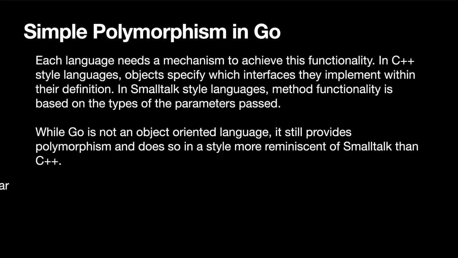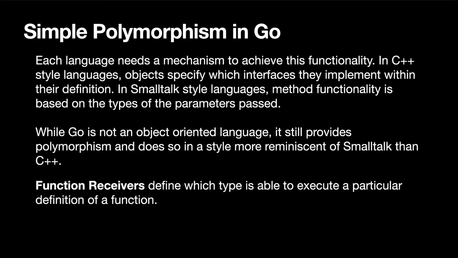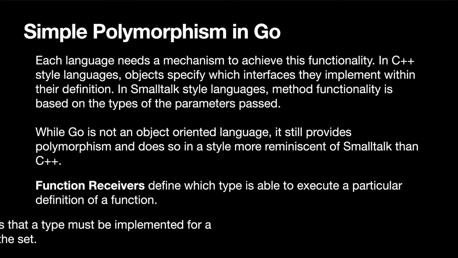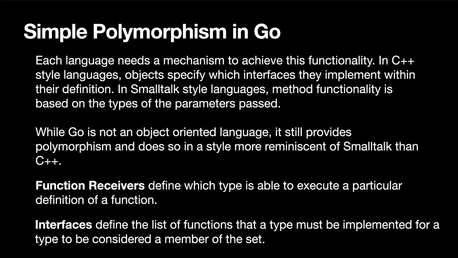So what are the two components of the language? Well, function receivers. This defines which functional definition is executed when that name is applied to a particular type. And then we have an interface that defines the collection of functions that any entity that wants to be one of those things must implement.